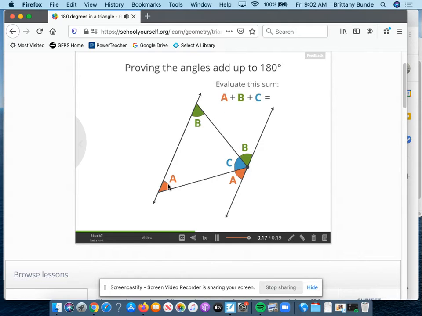So what's A plus B plus C? 180. Yeah, they sure do. Exactly. The sum of these angles is 180 degrees. And this is true for any triangle. The three angles in every triangle always add up to 180 degrees.